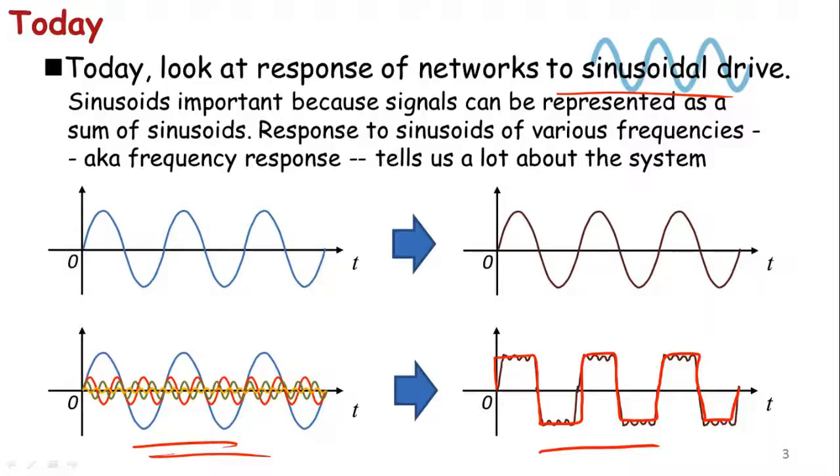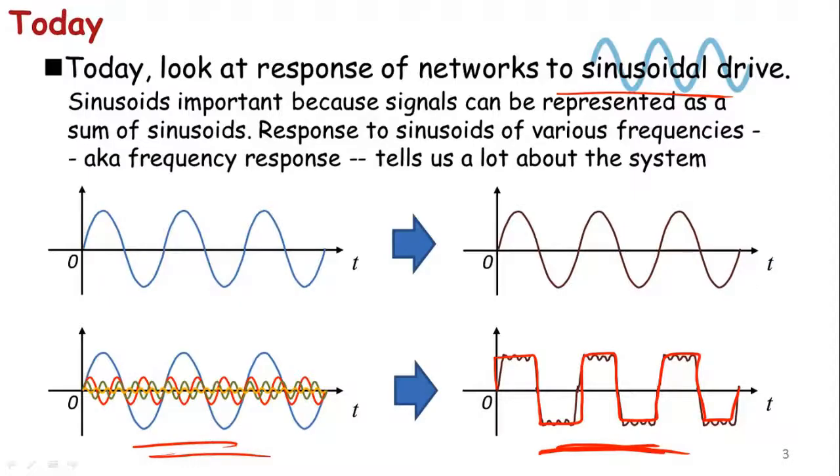So in 6002x, I am not going to show you the theoretical foundations of why this is so, but trust me when I say that when I have a repeating waveform like a square wave or a triangular wave, or for that matter some music signal, I can represent any signal as a sum of sinusoids.